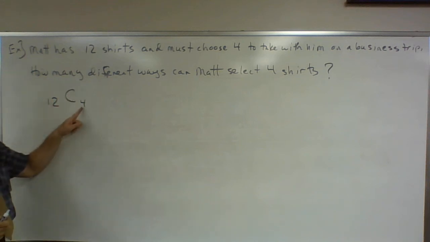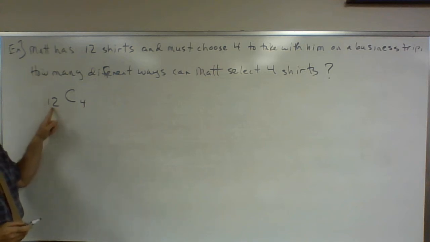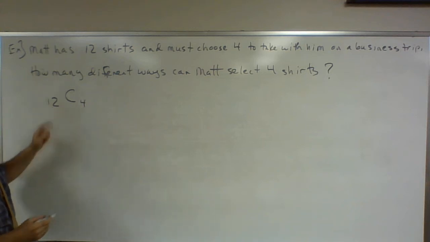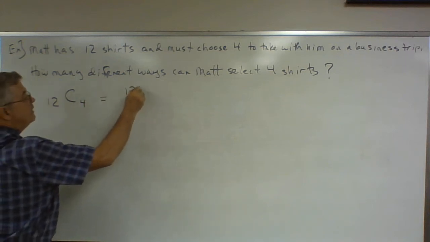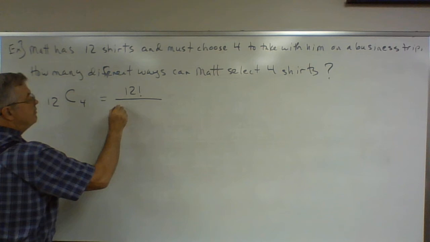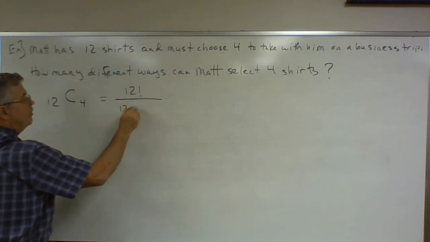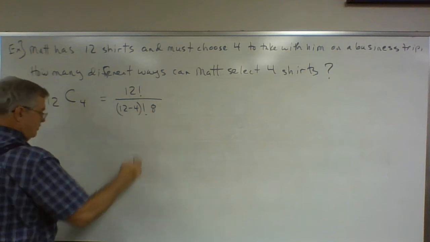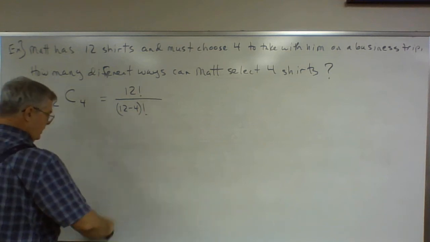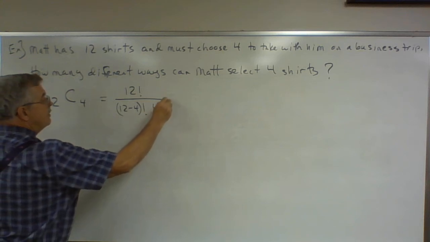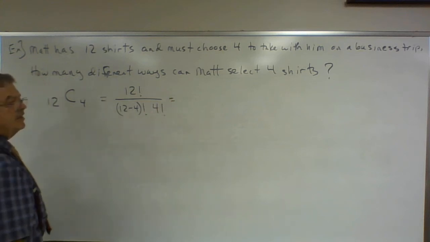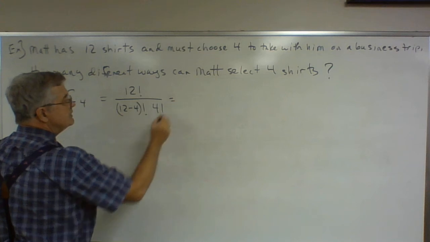We want the number of combinations of 4 shirts that can be selected from a set of 12 shirts. And if we do this factorial-wise, this is 12 factorial over 12 minus 4 factorial times 4 factorial. And I think that gives us, what?